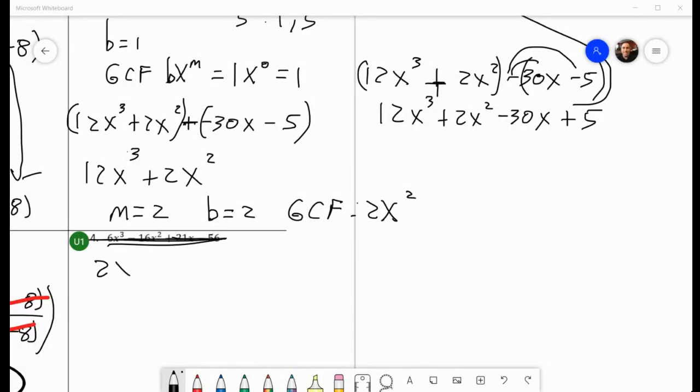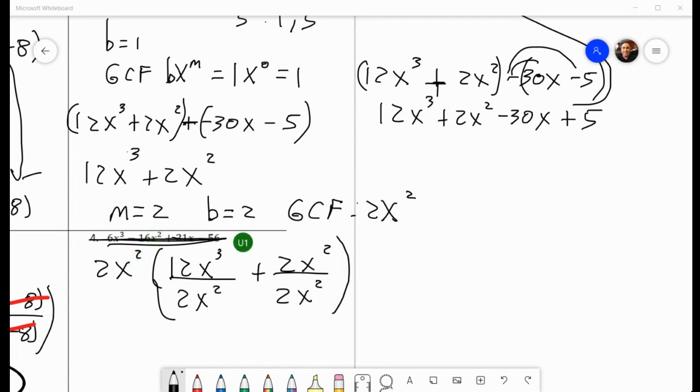So we have 2x squared times 12x cubed over 2x squared plus 2x squared over 2x squared. Again, we're factoring it out, but then we're dividing.